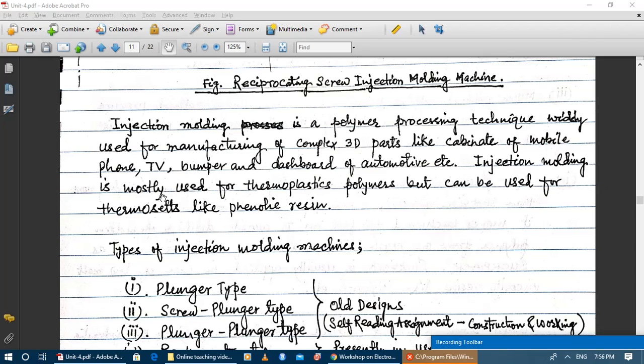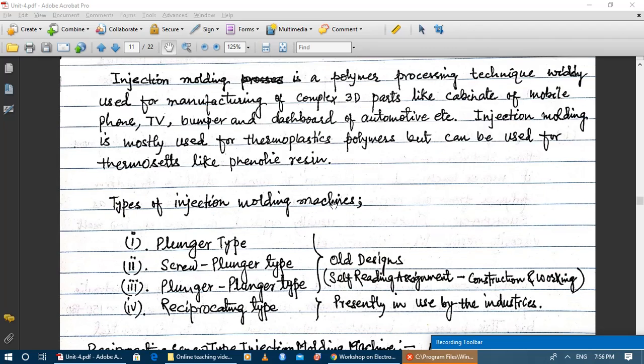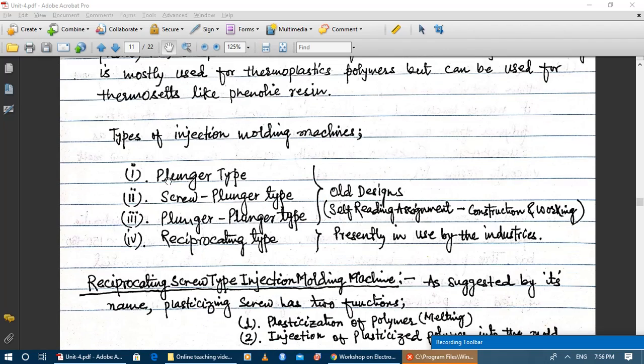Injection molding is most widely used for thermoplastic polymers, but it can also be used for thermoset like phenolic resin, etc. There are four major types of injection molding machine known as plunger type, screw plunger type, plunger type, and reciprocating screw type.